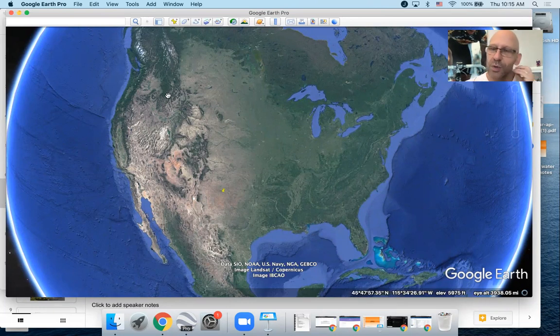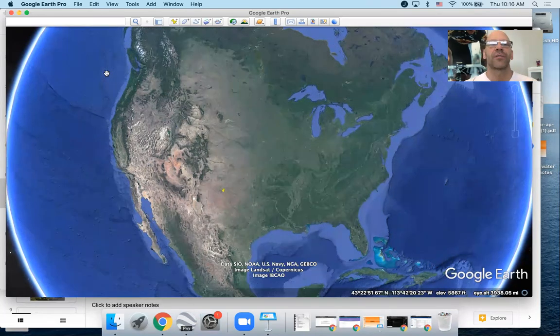So if you want to know what the weather is going to be like in Verona tomorrow, what you would do is look at what the weather's like in Iowa and Minnesota today. And then more or less whatever's happening to the west of us is going to move into our area tomorrow. So the weather moves from west to east across our country.